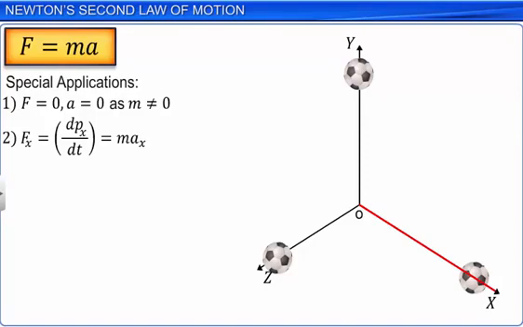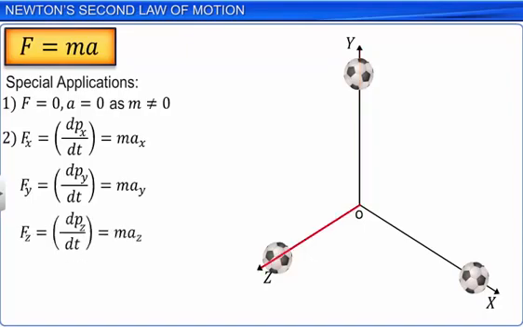Fy is equal to dpy by dt, which is equal to may. Fz is equal to dpz by dt, which is equal to maz. F here stands for the external force acting on the body.